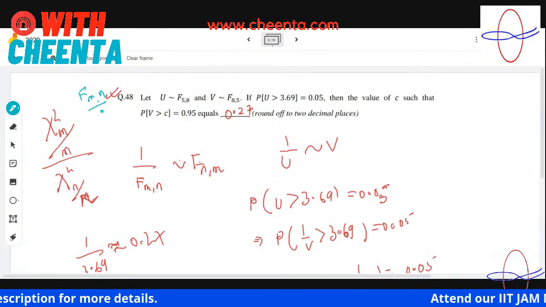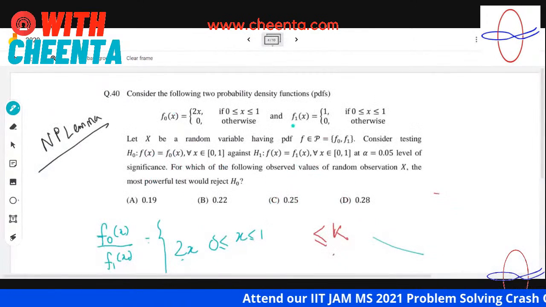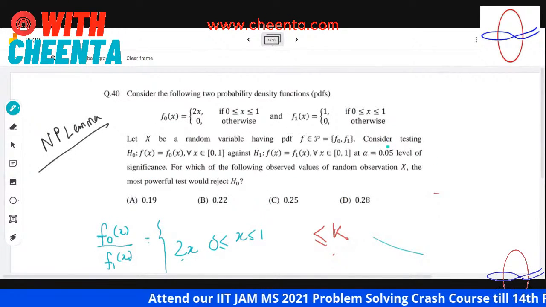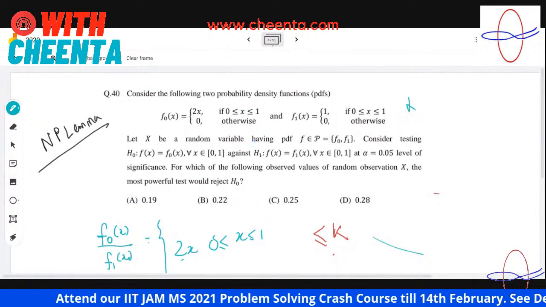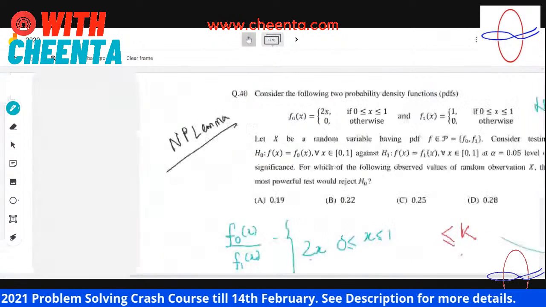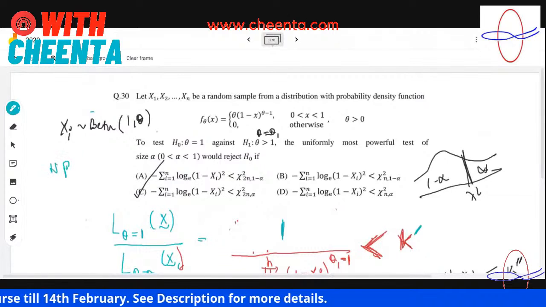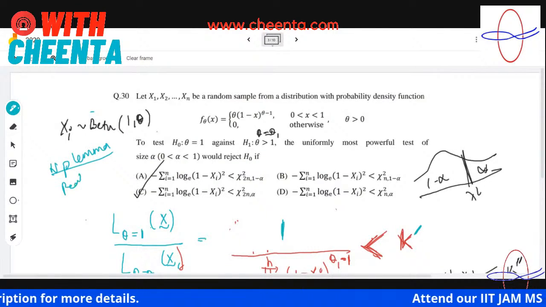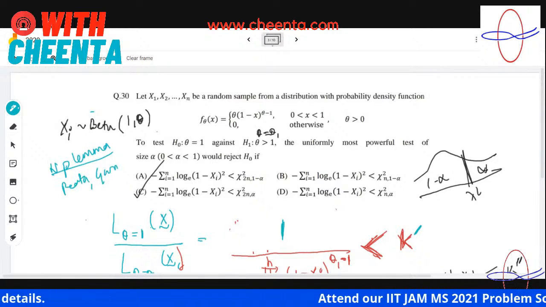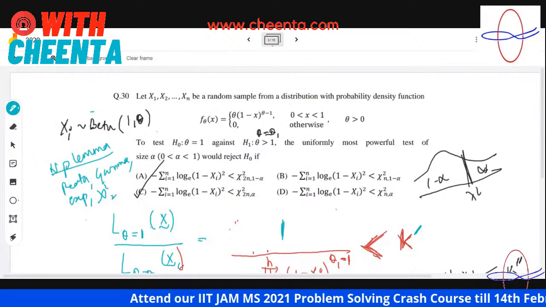Here it's basic NP lemma, Neyman Pearson lemma application. Here it was a bit tougher, NP lemma with the beta, gamma, exponential and chi-square relationship.